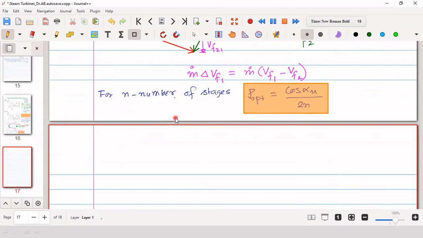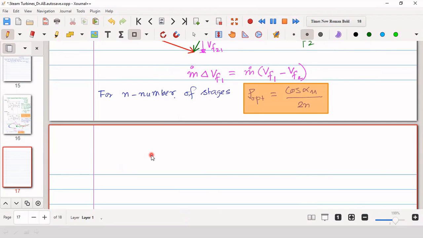Now, for the pressure compounded impulse turbine, actually, what is there? As we know, for pressure compounded impulse turbine, basically there are a number of nozzles, and in all these nozzle stages, the pressure is reduced. That means there is expansion, and accordingly the velocity is increased. So that is the principle of pressure compounded impulse turbine.